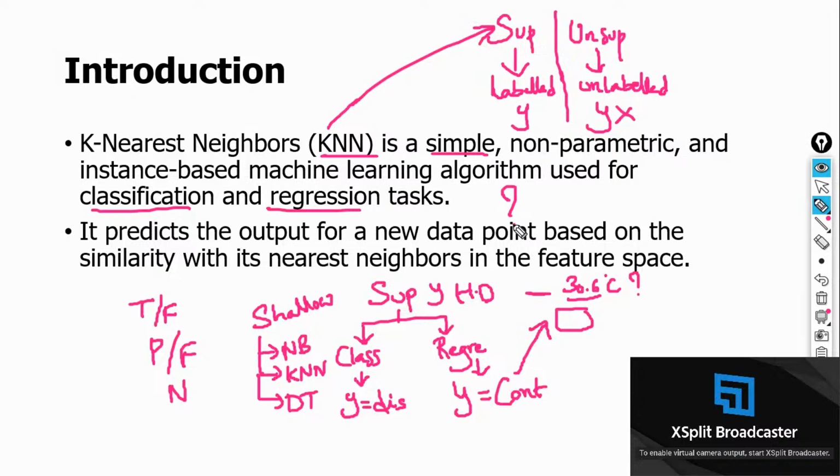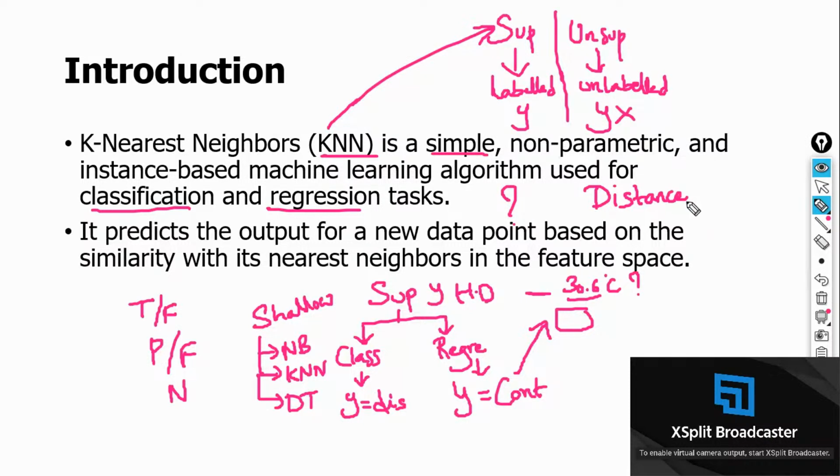Why? Because if you know the distance formula, you know KNN is done. The reason is KNN works on the logic of distance, friends. It completely works on the logic of distance.